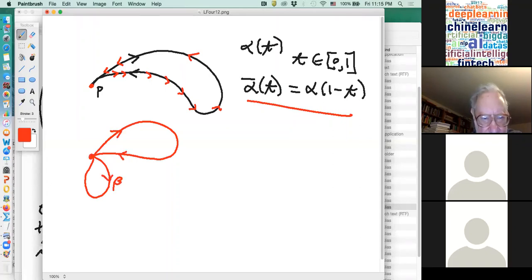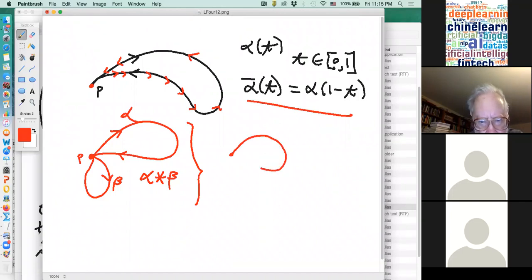And you see, when I look at alpha times beta, I can deform it a little bit if I want to. So I can deform it right in there as it comes in towards the base point and comes back out. And I can make it look like this. Instead of going all the way to the base point, let's go part way and then I come right back along beta and continue on like that.